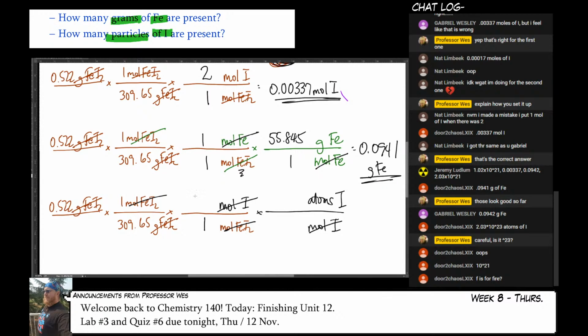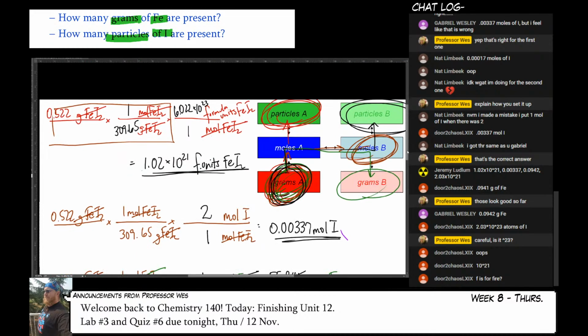What's the ratio between FeI2 and then I? It's 2 to 1 because of this 2 right here. And then finally, if I'm counting the number of particles in any way, I do Avogadro's number. Now, this result here should actually be the same as this result up here, except times 2.